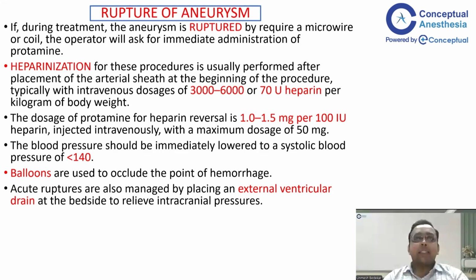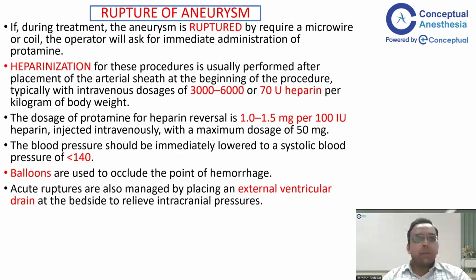Now, the dose of protamine which is necessary for heparin reversal is 1 to 1.5 mg per 100 units of heparin, and it is to be injected by the intravenous route with a maximum dose of 50 mg. The blood pressure here should be immediately lowered to a systolic blood pressure of less than 140 mmHg to reduce the ongoing blood loss. So, a controlled hypotension may be favorable in cases of rupture of aneurysm.